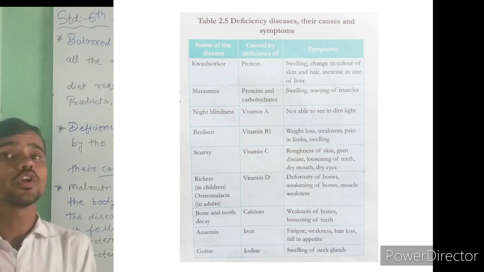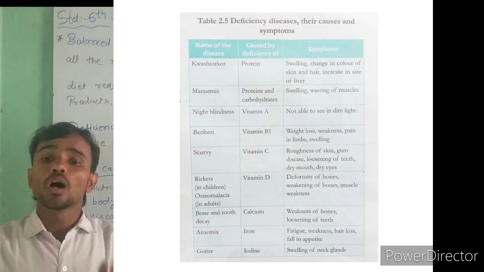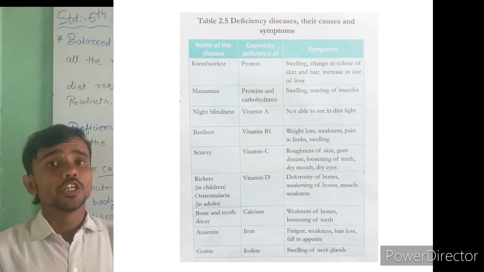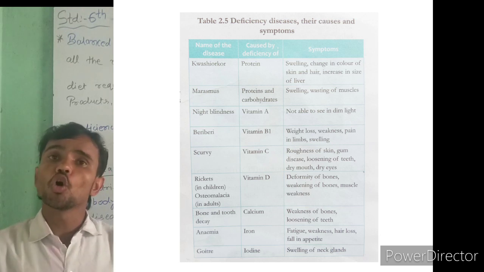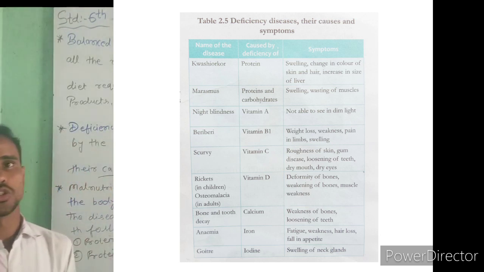Kwashiorkor: if proteins are not available in your body, then you are caused by the disease kwashiorkor.